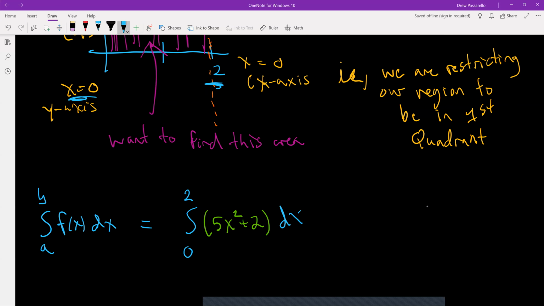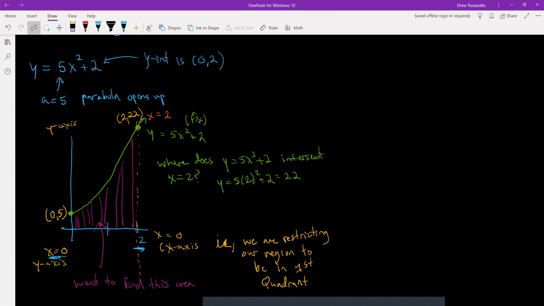All I was doing was just showing a rough sketch of the graph. It's this parabola, and it's bounded by the equations x equals 2, that's the vertical orange line, and then y equals 0, which is the x-axis.